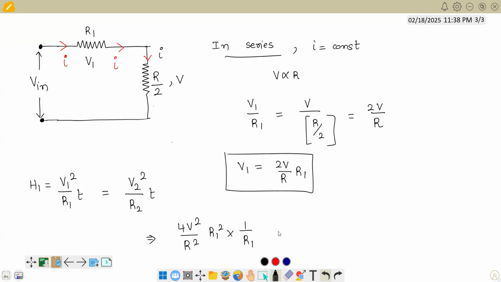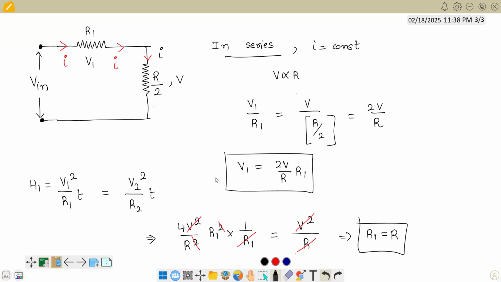I will cancel T. It is equal to V square divided by R2. So if I cancel the terms V square, and R2 is nothing but my R, one R would cancel. One more R here. R1 we can cancel. So we basically get R1 equals R by 4.